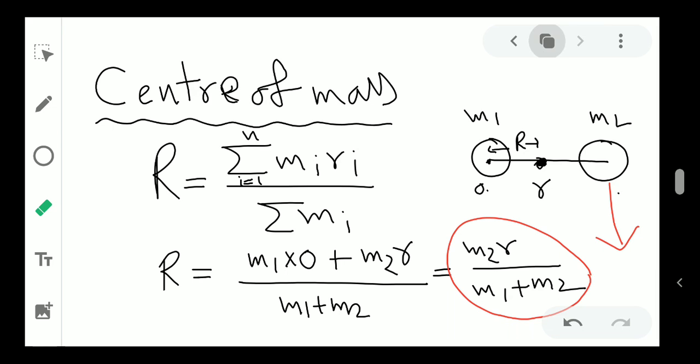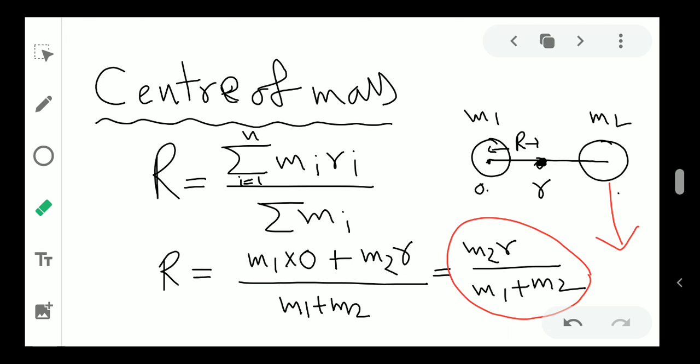So this was my r, that was m2r by m1 plus m2. Now while finding this value, this r value, I have to subtract m2r from here.